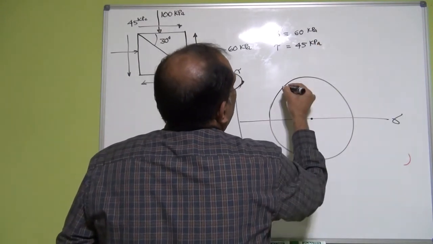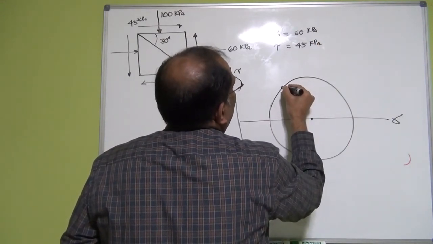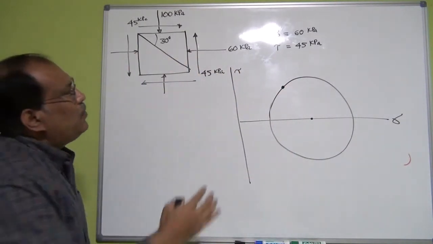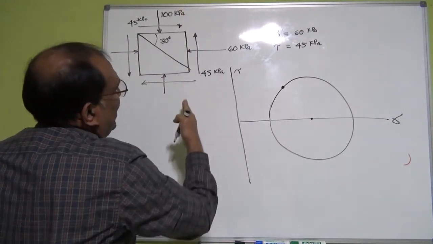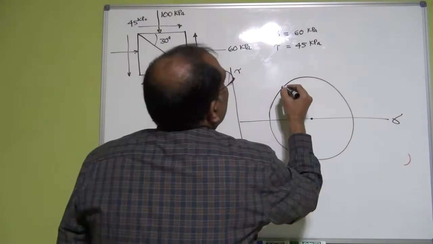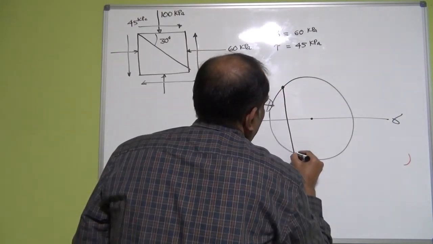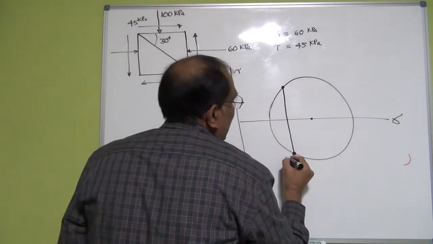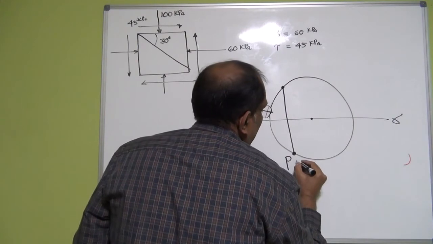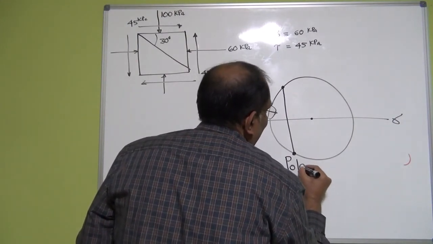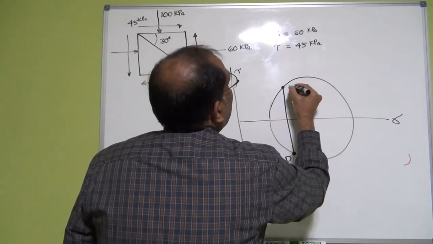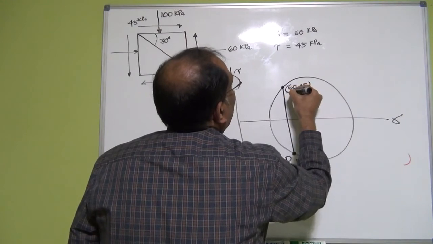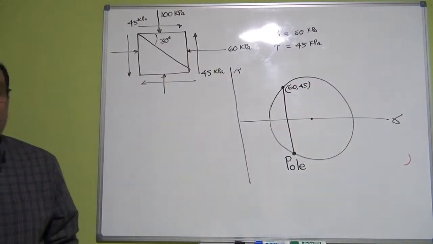You will see it is at this point. Now, if you take the right side, you draw a vertical line of that plane. This intersects the circle at this point P, and this is your pole. So this point is 60, 45.